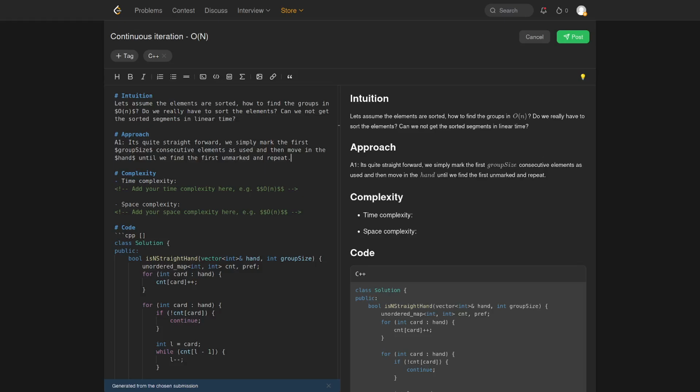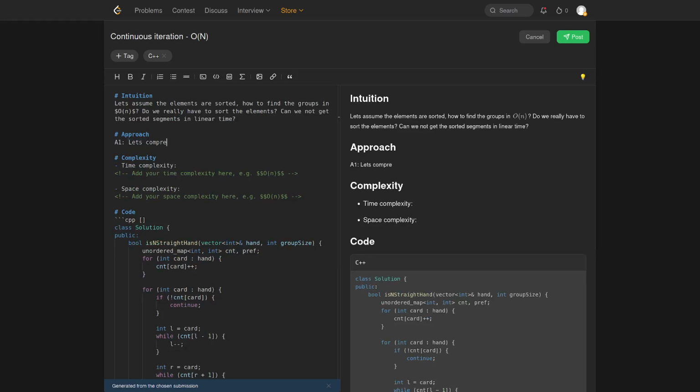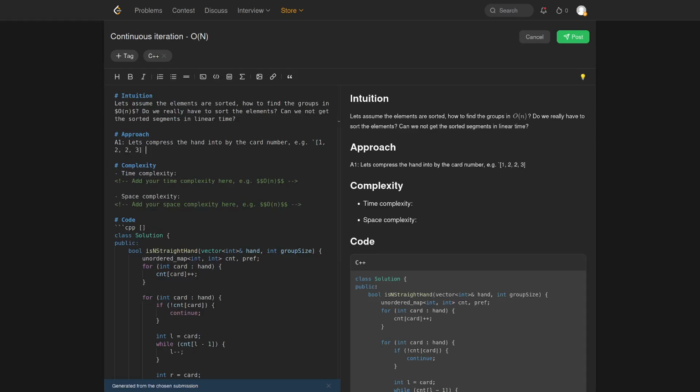Now let's compress the end into unique. Okay, compress the end by the card number, e.g. 1 2 2 3 1 1 2 2 3 1.